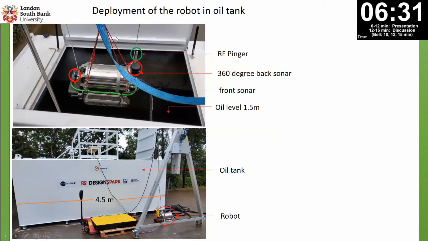This robot was deployed in an oil tank, shown in the full image down here, a 4 meter oil tank with a height of 2 meters, full of vegetable oil. Again, it was vegetable oil because of health and safety.